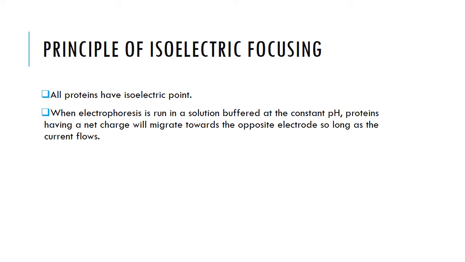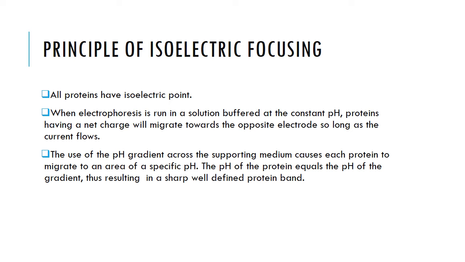We are expecting migration of that protein towards the opposite electrode, so long as the current is flowing. And what will determine whether it moves to the anode or the cathode is the charge of the protein.